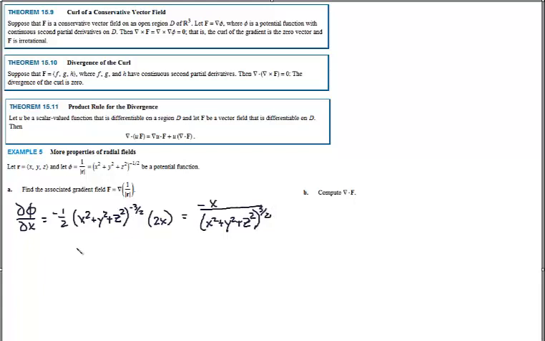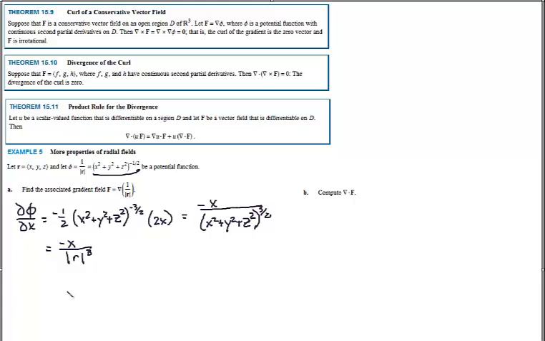And if you'll notice, I could just say that this thing is then equal to negative x over r cubed, because r happens to be this deal right here. I'm going to do the same calculation for the partial with respect to y and then z, so it's all going to look the same.